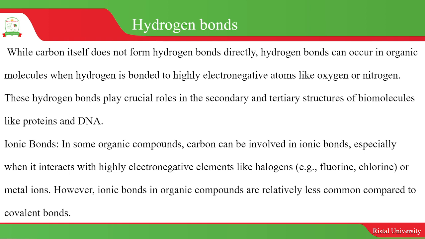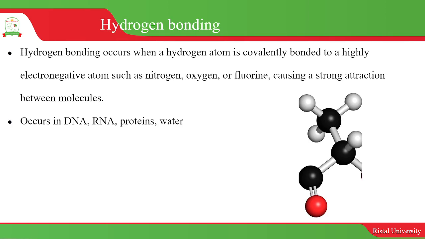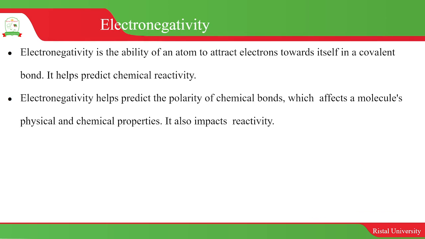Those bonds, for example, the bonds in sodium chloride, are ionic because you have highly electronegative elements combining with metal ions. So hydrogen bonds are the ones that we have just discussed.